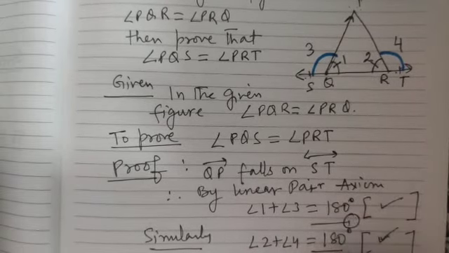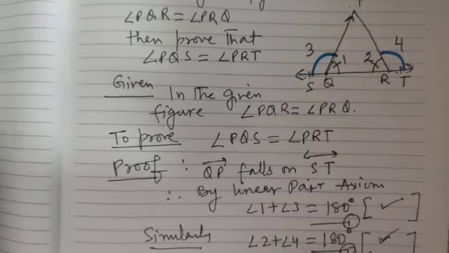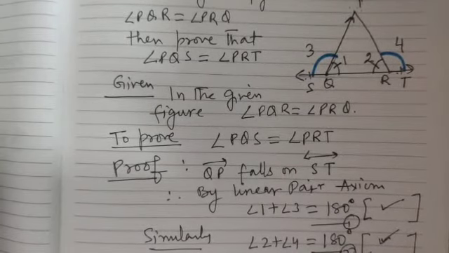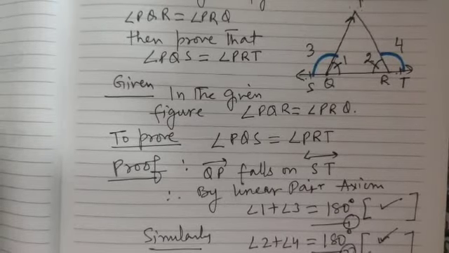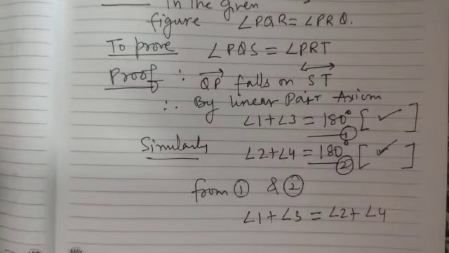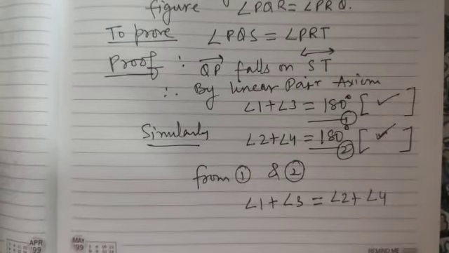Let me write, this is equation 1, this is equation 2. From 1 and 2, can I say angle 1 plus angle 3 is equal to angle 2 plus angle 4? Yes, I can say this.